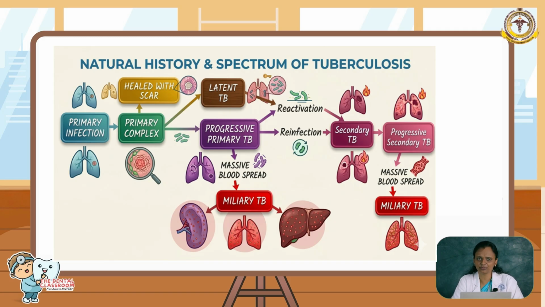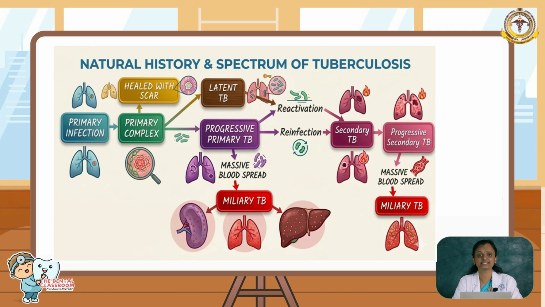Most cases of primary TB will end up with latent lesions, meaning the bacterial infection is contained by the host immunity. Latent infection means the organisms will be dormant and the patient won't have any symptoms. Only a few patients will progress to progressive primary tuberculosis. They'll have pneumonia-like symptoms.